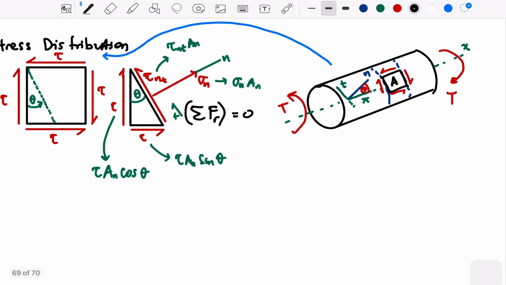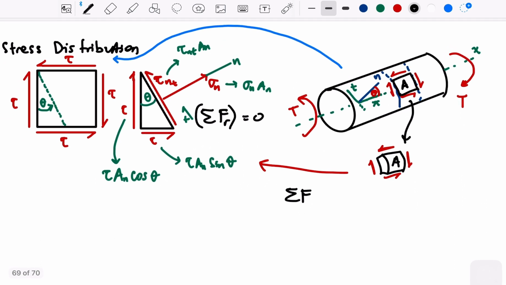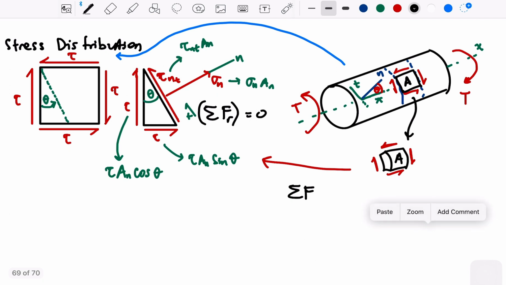So we are taking this A here, the area, and we can also take this sigma n, which means that this is going to be positive according to the x-axis.